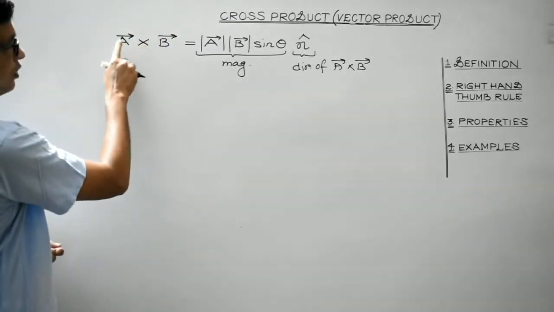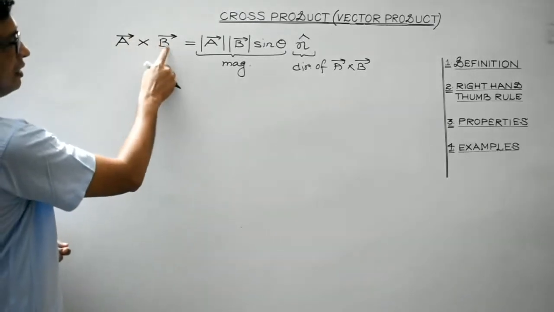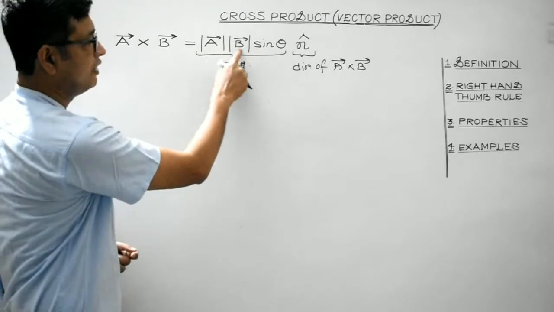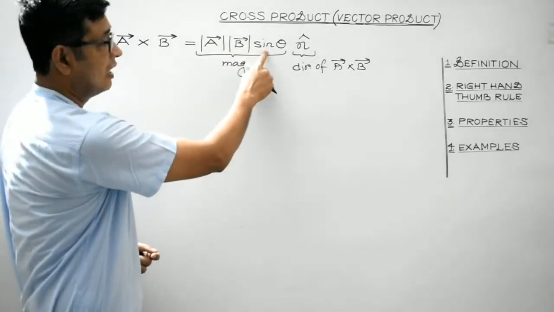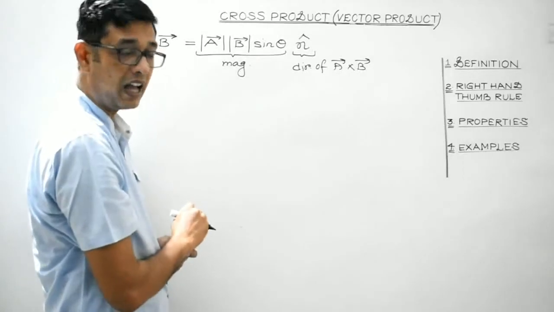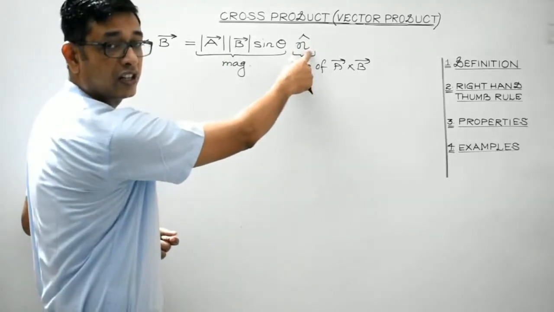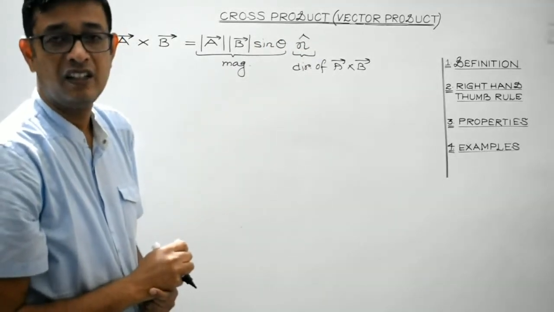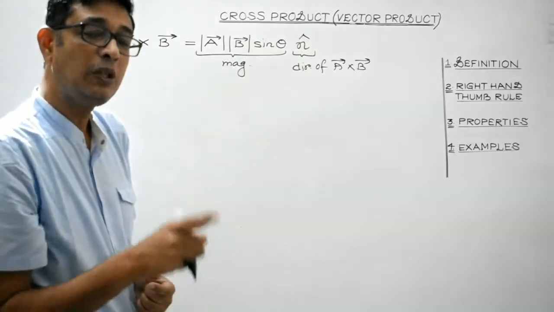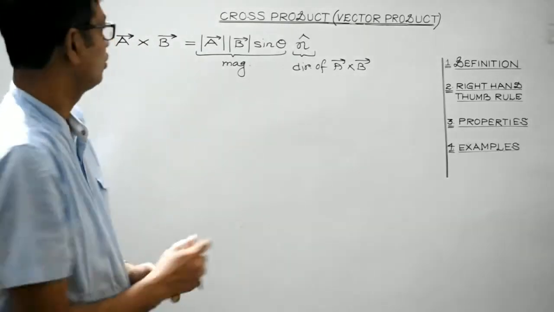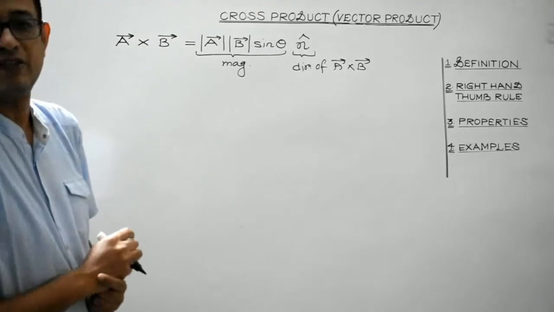The cross product of two vectors A and B is defined as the product of the magnitude of the two vectors and the sine of the smaller angle between them, and having direction given by n cap. N cap, students, we will discuss. It is perpendicular to the plane containing A vector as well as B vector. So this is how the cross product is defined.